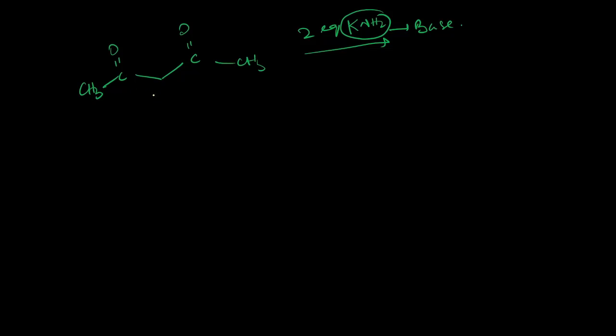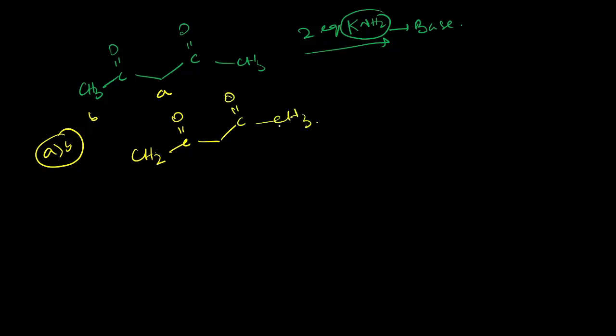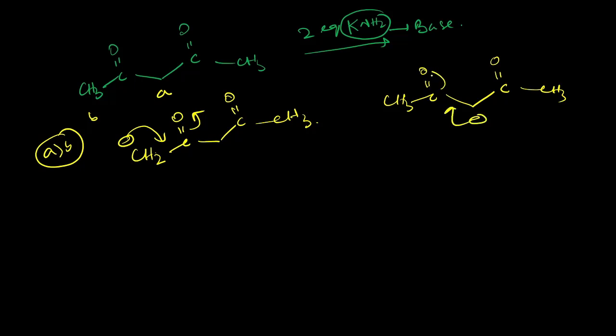If we compare the acidic property, A is more acidic than B, because if we see the conjugate base, if we remove from B, we can have a negative charge here, which is resonance stabilized, and two canonical forms are possible. But if we remove from A, we can draw a situation like this, where we have a total of three canonical forms.